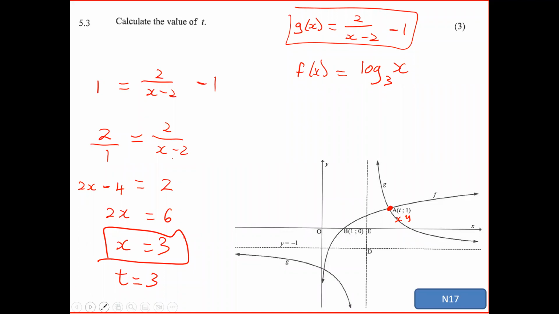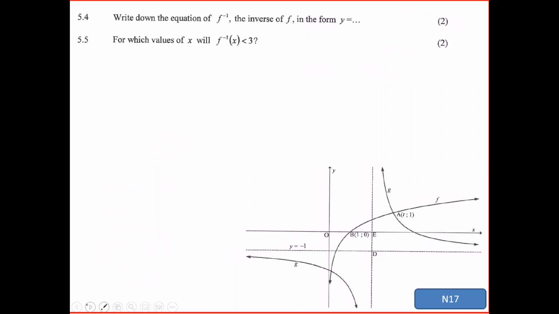Okay, let's get to the next question. Now it says, write down the equation of f to the minus 1, the inverse of f. So remember that our f of x equation was log x base 3. So to find the inverse, we swap x and y.